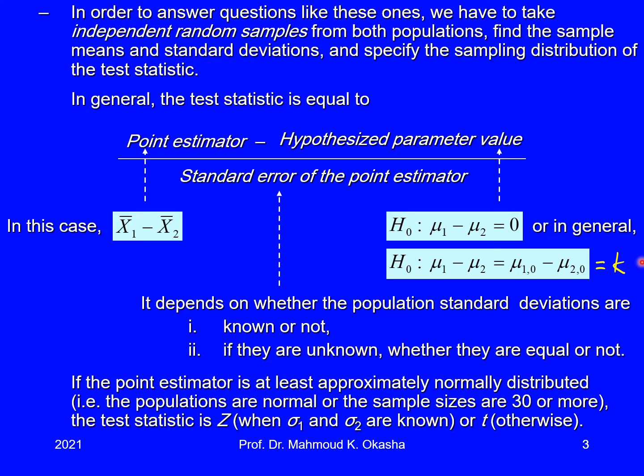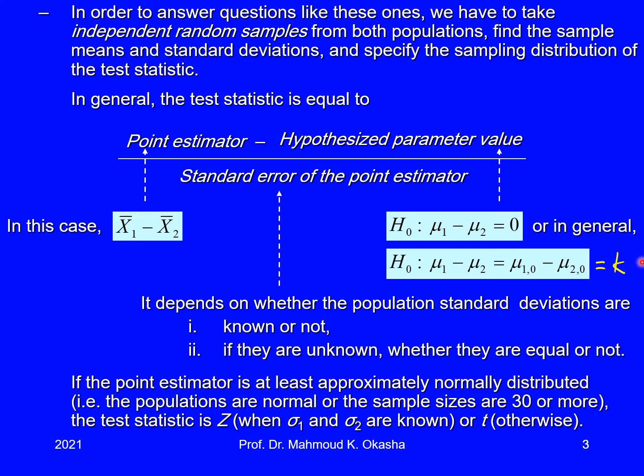So that has a sampling distribution, and without knowing the mathematical part of it, we go through Microsoft Excel and calculate, first, the estimate of mu1 minus mu2, which is x1 bar minus x2 bar.